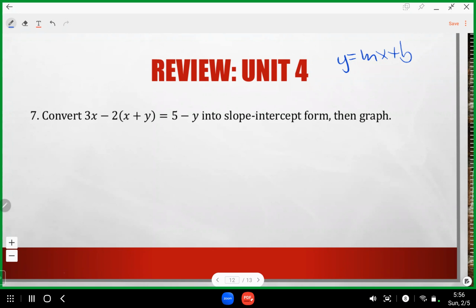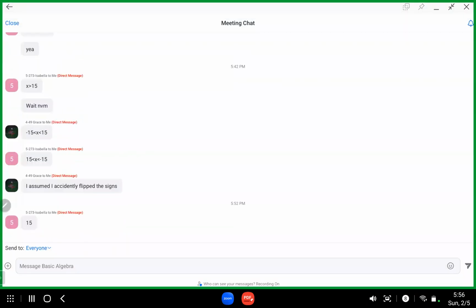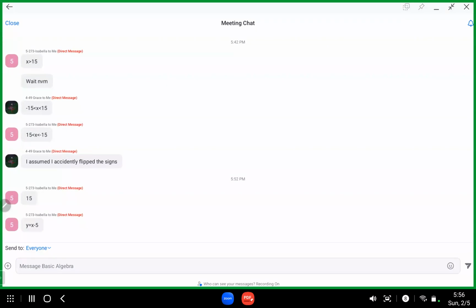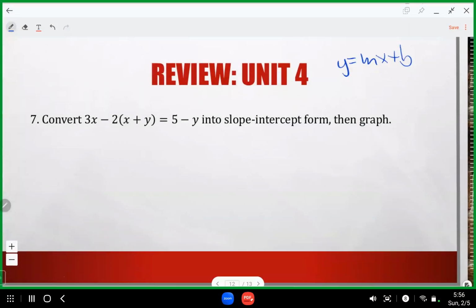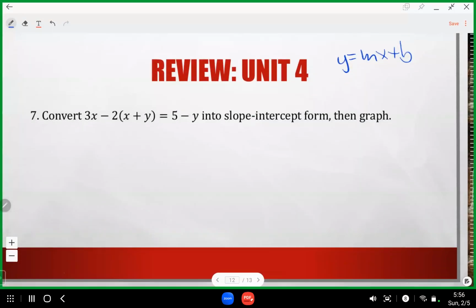All right, so let's try this one. So let's see here. All we need to do right now is distribute and simplify. So let's just evaluate this, right?